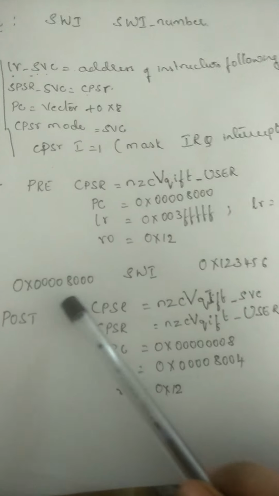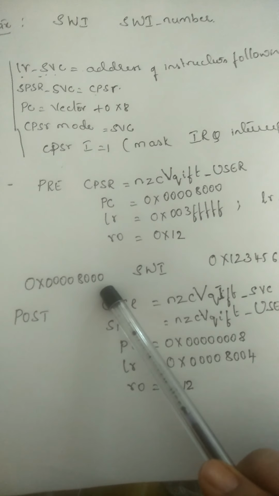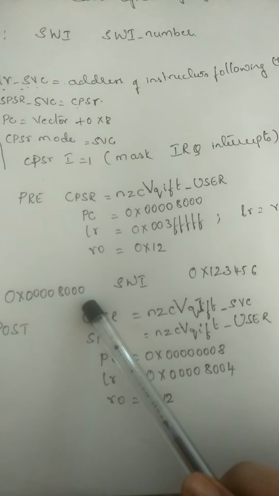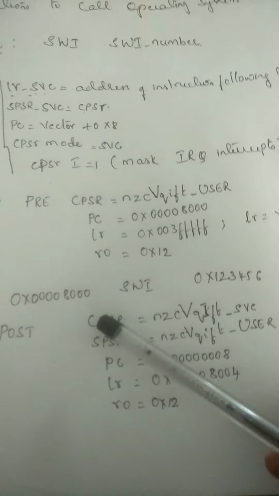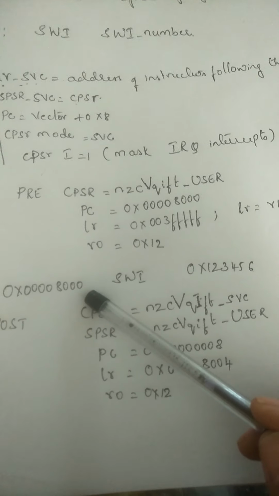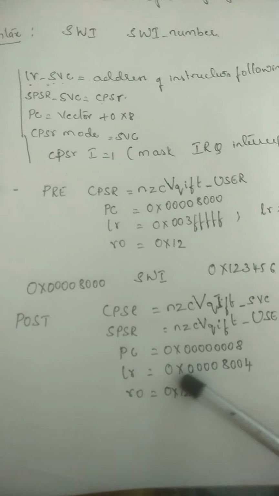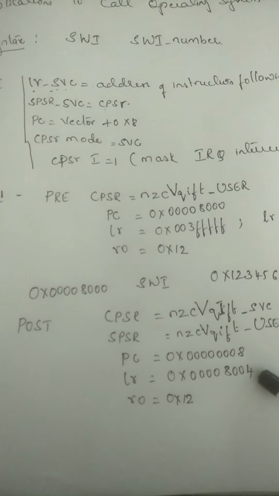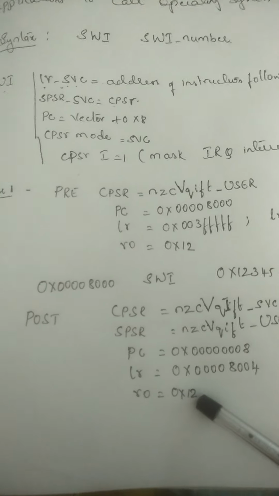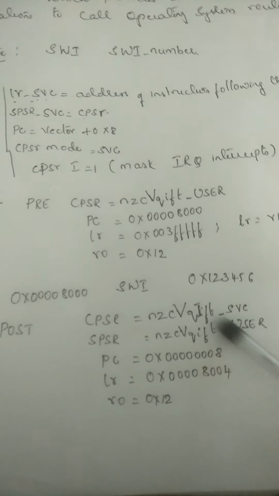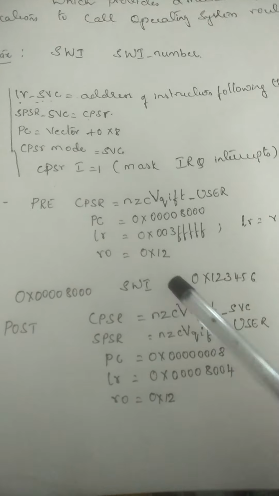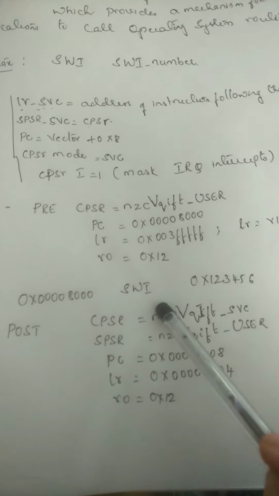The next instruction will occur at 8004, because remember it is 32-bit data. So the link register, the return address, will be stored as 0x00008004, and R0 is 0x12. This is the condition after executing the software interrupt instruction.